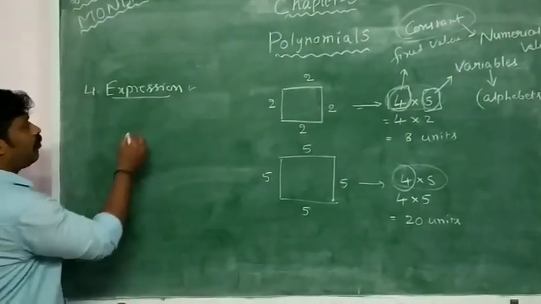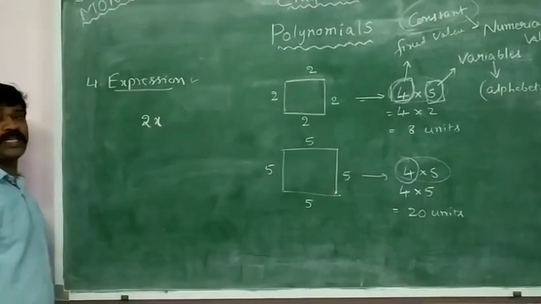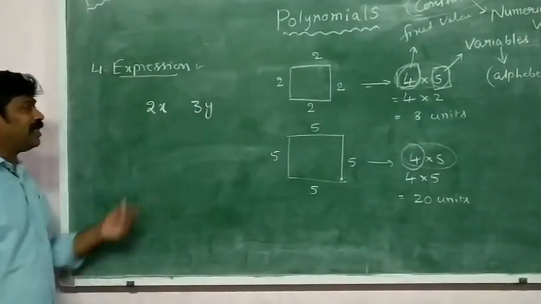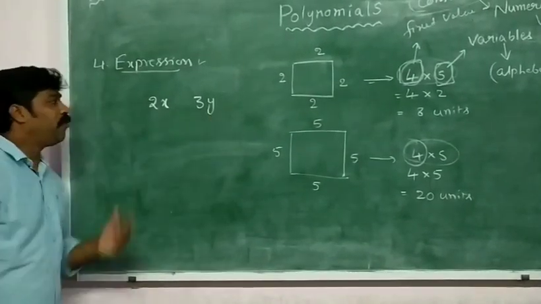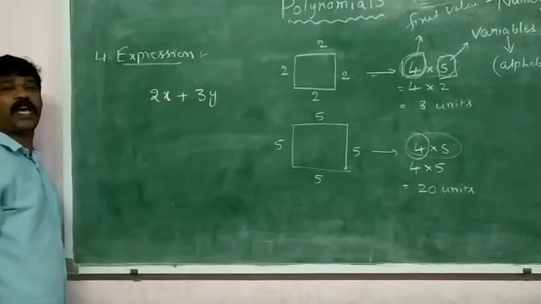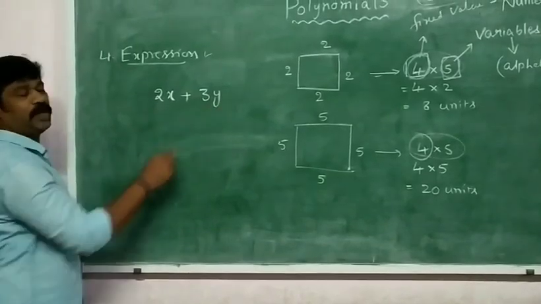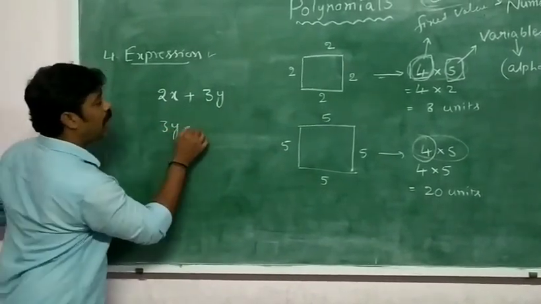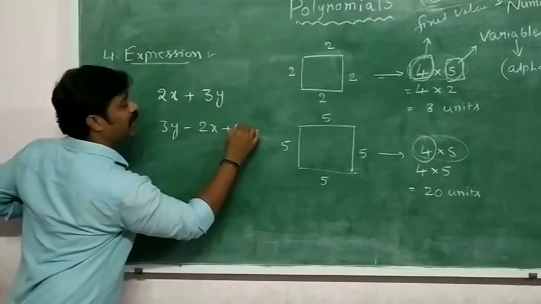For example, 2x is a term, and if I take another term, let it be 3y, and write their combination by using plus or minus, 2x plus 3y, that is one expression. Similarly, we can write 3y minus 2x plus 5z.